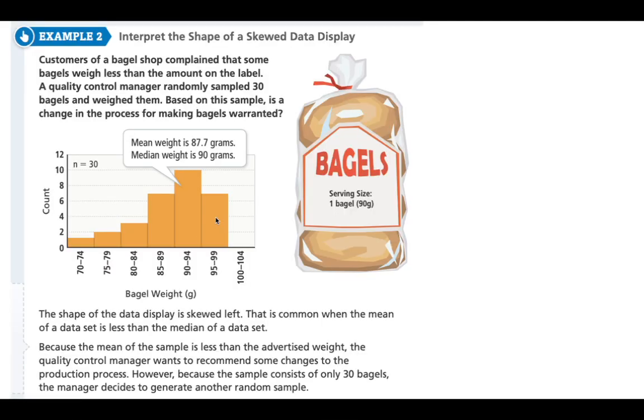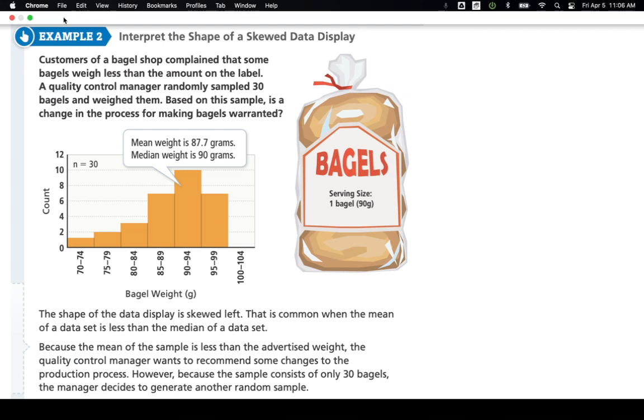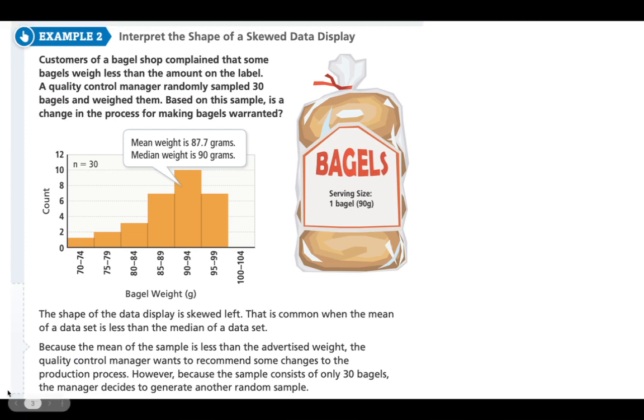All right, now we've got bagels. We're going to compare distributions of bagels. In this set, we see that the mean is less than the median. So most of my bagels are in this set, but I have some on the low end. This is an example of left skewed. Again, the mean is less than the median, so it's over here to the left.